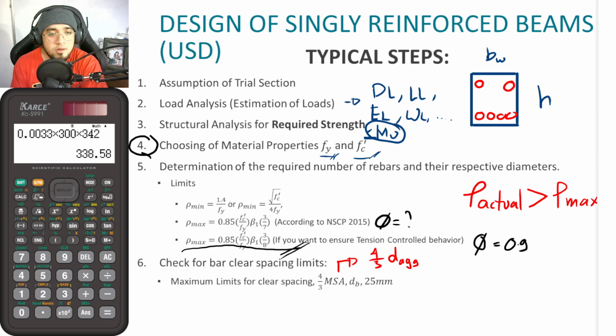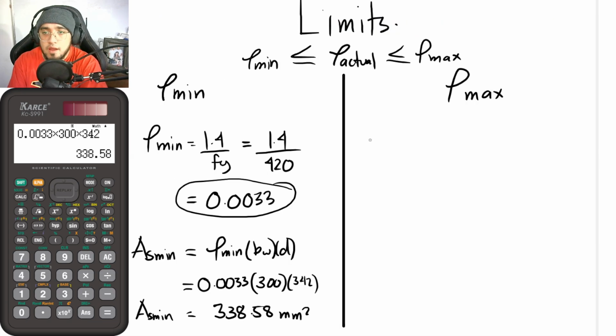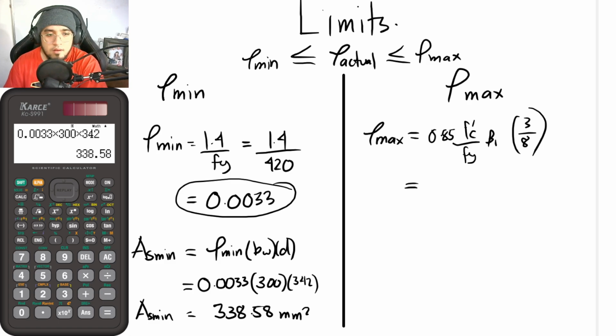So for my rho max, this is equal to 0.85 times f'c divided by fy times beta 1 times 3/8. So that is 0.85 times f'c of 28 divided by 420 times beta 1.